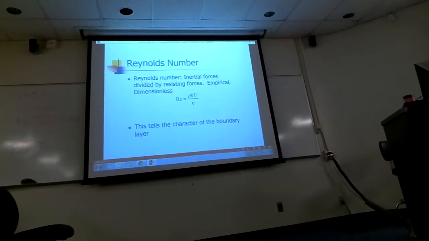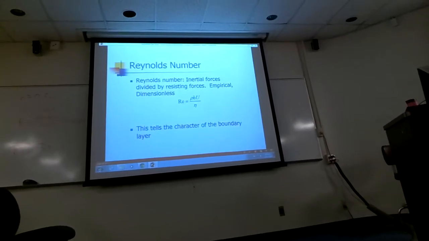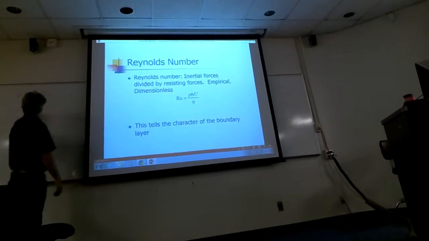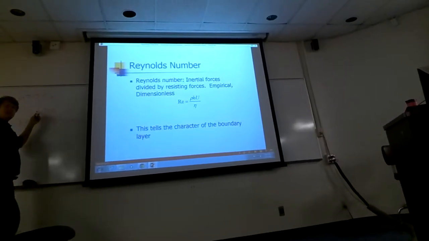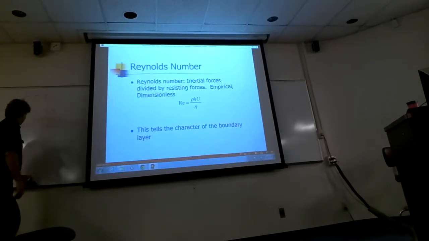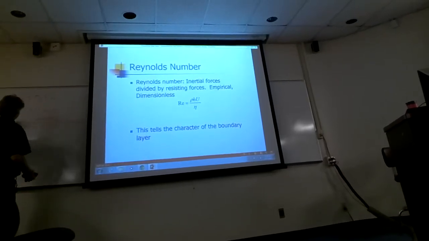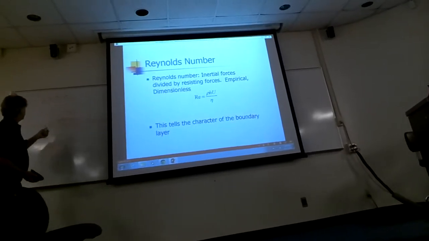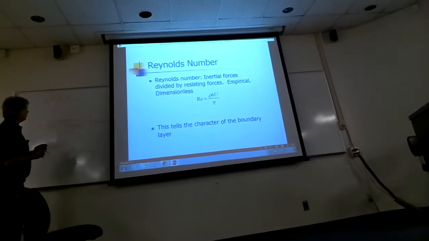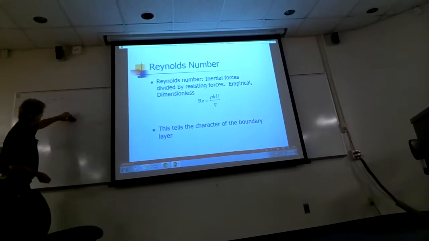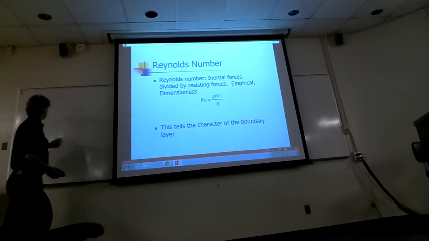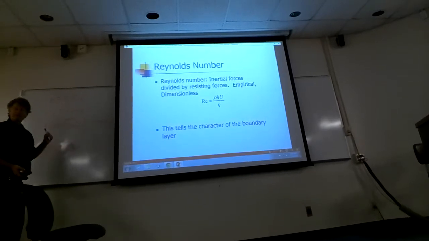So at a meter a second, how shallow does the flow have to be to be laminar, at a Reynolds number of 500? I'm looking for the depth at which that's 500.